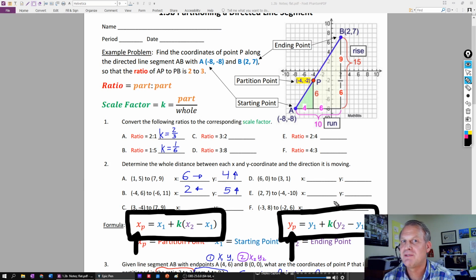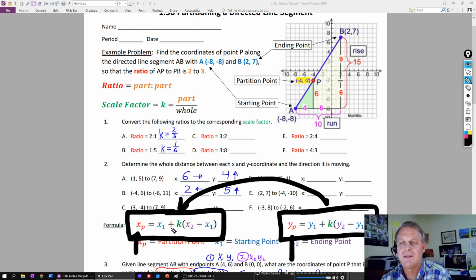There it is, partition point. So this is the formula to find the y-coordinate of the partition point. Notice that these are nearly exactly the same. Here's x1 plus k times x2 minus x1. And in order to get the y version of that, all you do is swap out the x's and put y's in them.